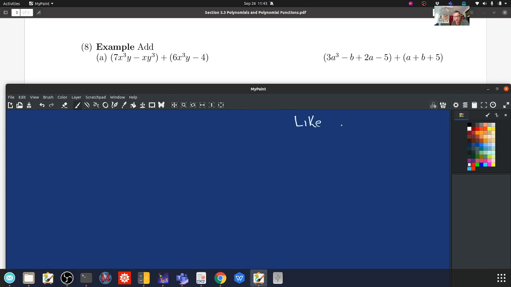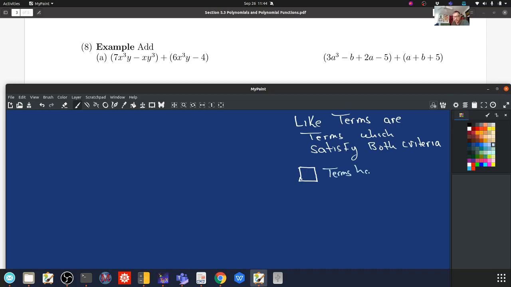Like terms are terms which satisfy both criteria below. The first criteria is the terms have the same variables.